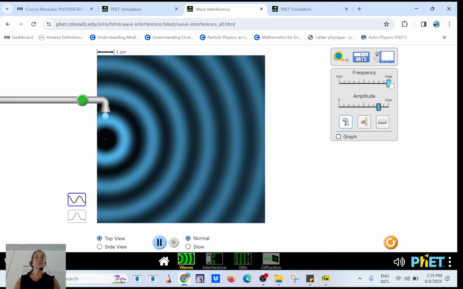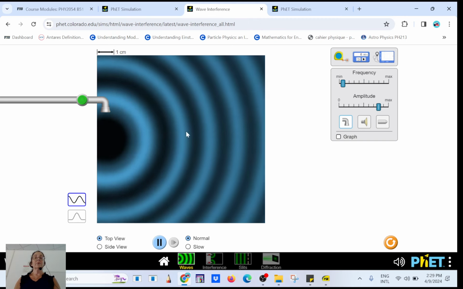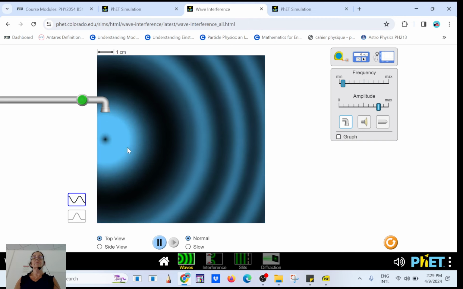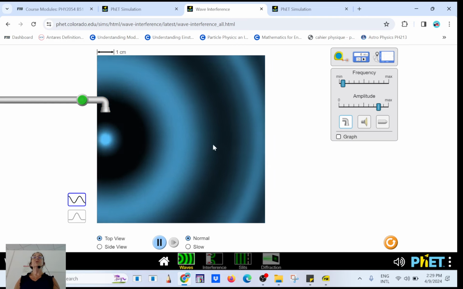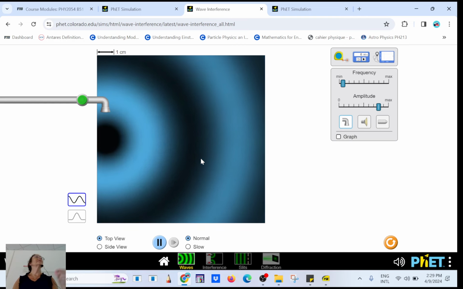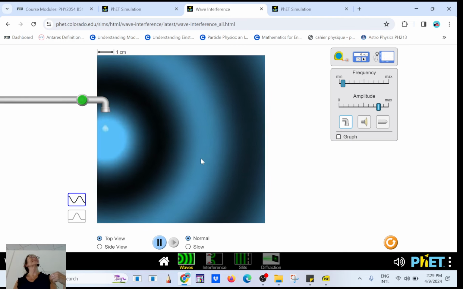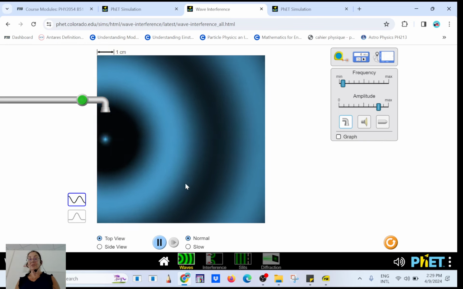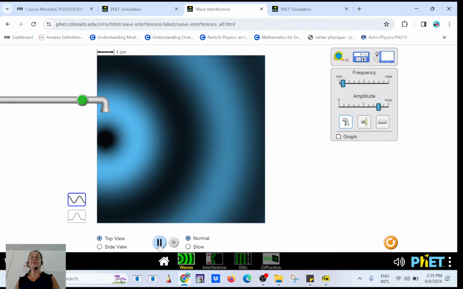Now I'm going to decrease the frequency. Now, do you see the wavelength? Did it decrease or increase? Increase, right? So what's the wavelength? Again, it's the distance between crests, or the distance between troughs. That will be the wavelength.